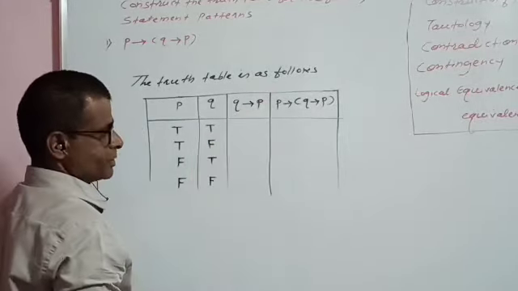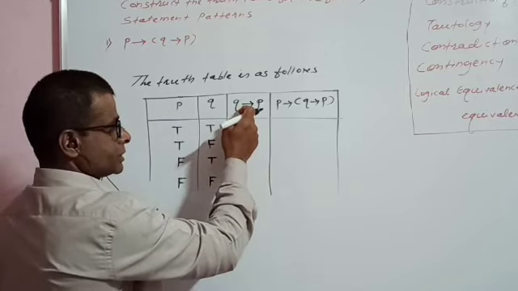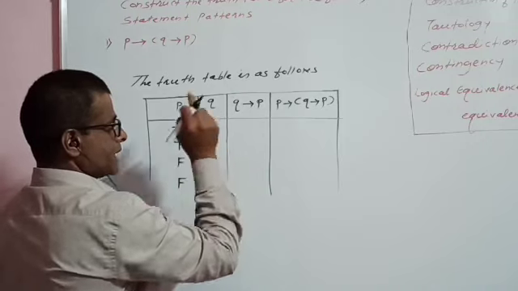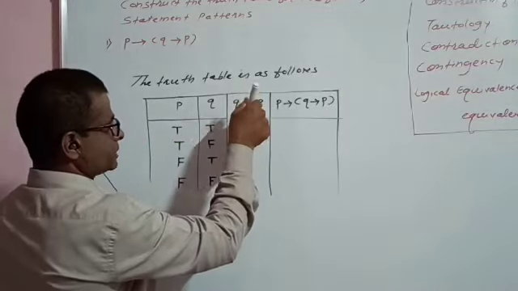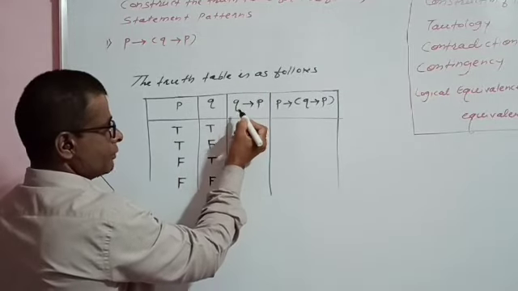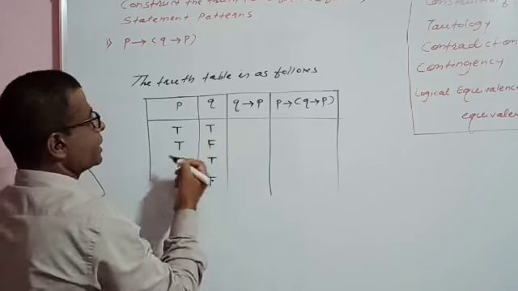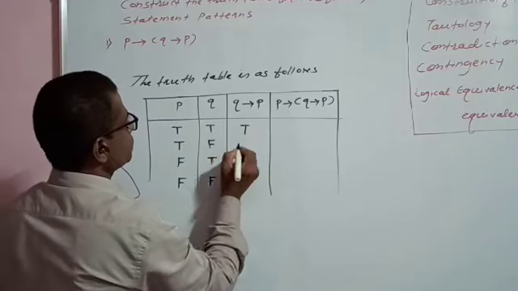Now Q implies P. In a conditional statement, the conditional statement is false if the first is true and the second is false. In all other cases it is true. In a conditional statement you have to follow the order property, that is from Q to P. So T conditional T, it is true.